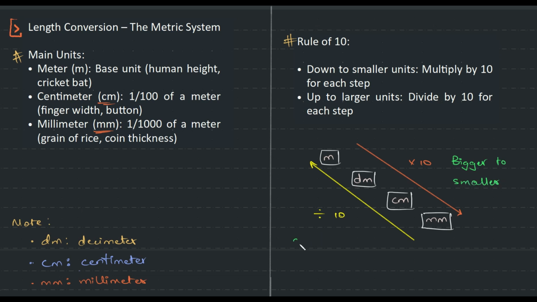Going up is smaller to bigger. Remember this. So when you're going down, you need to multiply by 10 for each step. What does a step mean? If you're moving from meter to decimeter, it's one step. Meter to centimeter, it is 1, 2 steps. Meter to millimeter, it is 1, 2, 3 steps.